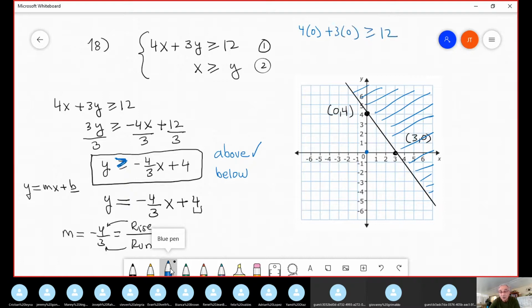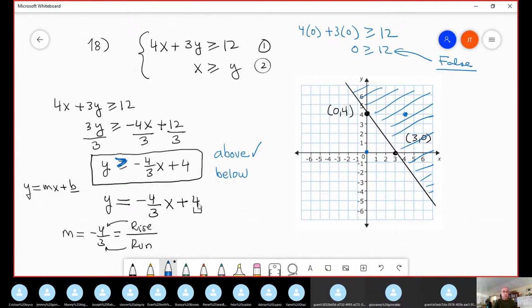If the statement is true, the origin belongs to the solution. 0 is greater than or equal to 12. Is this statement true or false? Totally false. Therefore, the origin doesn't belong to the solution. So you take one arbitrary point here, plug it in, and maybe you get a true statement.